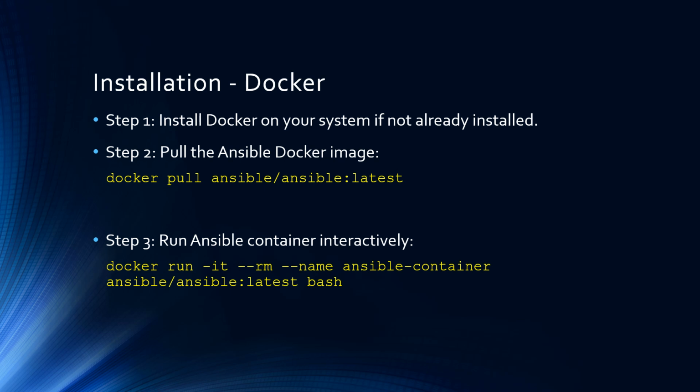This is particularly useful for testing playbooks or running one-off Ansible commands without cluttering your system. Consider creating a Docker volume to persist your Ansible playbooks and inventory files between container runs. This allows you to maintain your configuration files separately from the container itself.